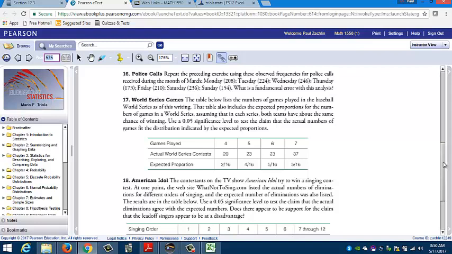Table below lists the number of games played in the World Series as of this writing. So you guys know how the World Series works after last year. Whether you were a baseball fan or not, you got sucked into it, right? The maximum number of games you can play is 7. Indians lost in Game 7.